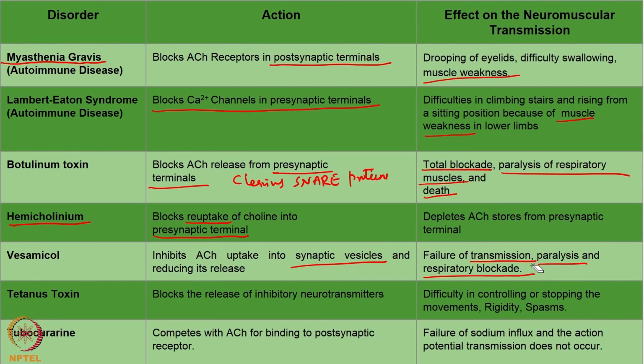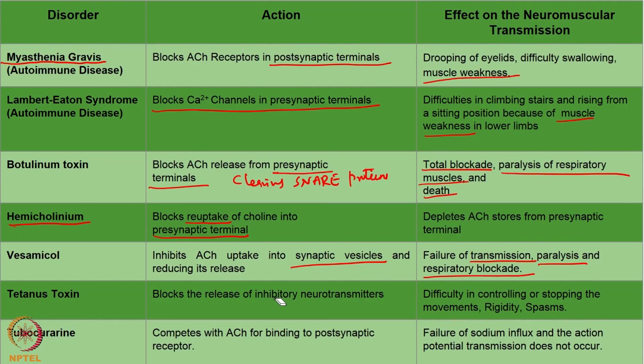Tetanus toxin blocks the release of inhibitory neurotransmitters, not the excitatory neurotransmitters. Thus it reduces the possibility of neutralizing the effect of acetylcholine.